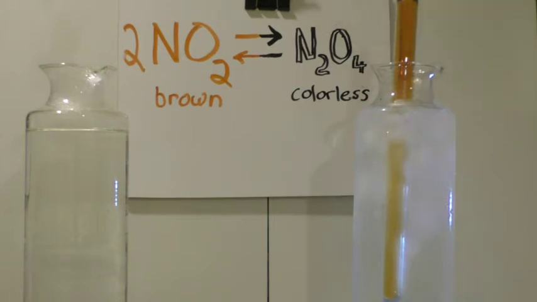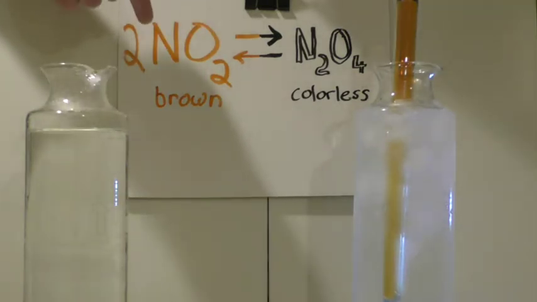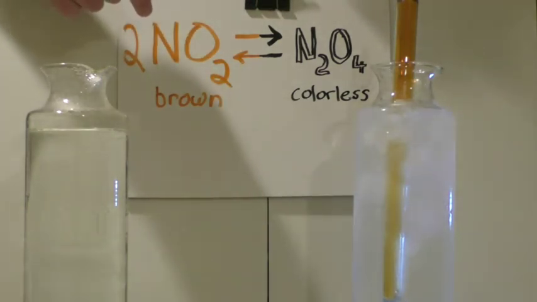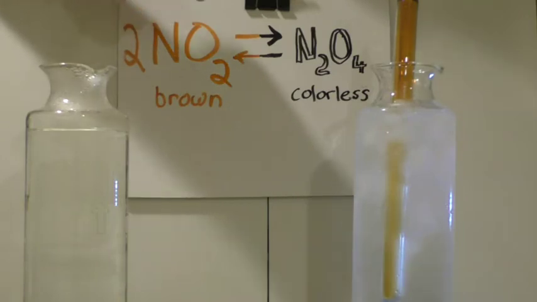And so clearly we have to think about carefully what just happened. Some of the brown NO2 got converted into N2O4. That's the only place that it can go. There's no other reaction that will occur with a tube filled with NO2. And so I can tell that that happened because my color went down.